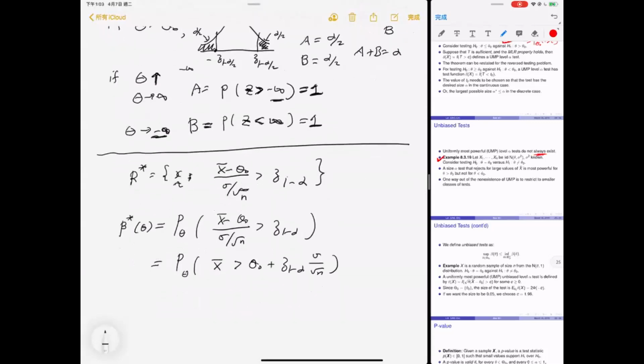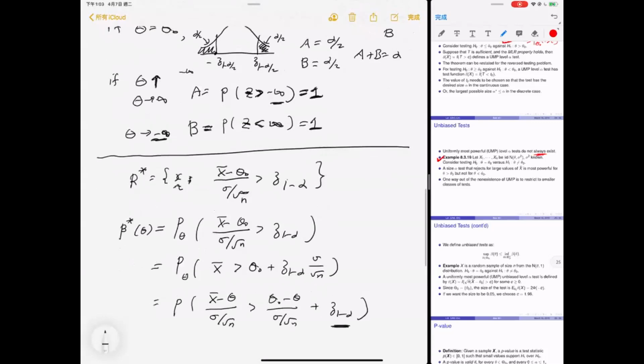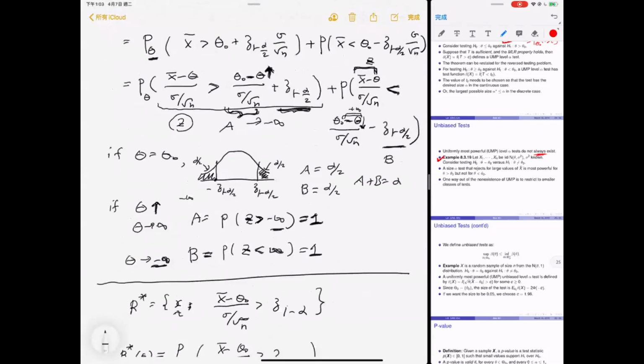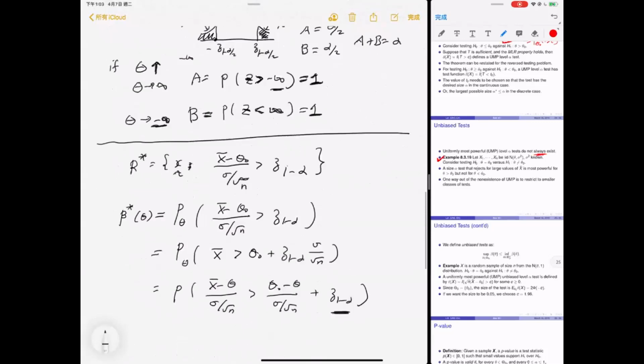And you do standardization: x bar minus theta divided by sigma divided by root n, then bigger than theta 0 minus theta divided by sigma over root n. Everything looks the same, except this guy is z 1 minus alpha, and this guy is z 1 minus alpha over 2. It's okay, good.